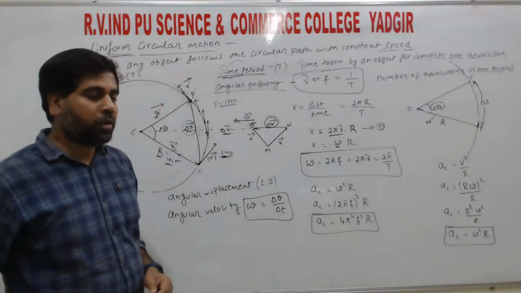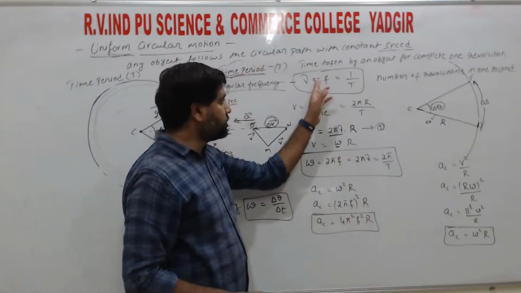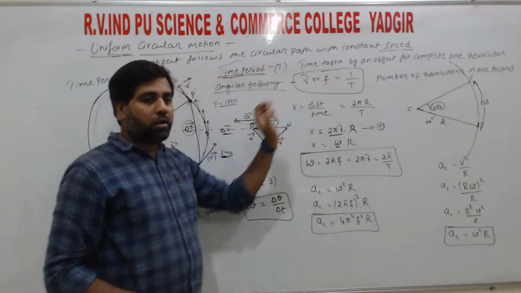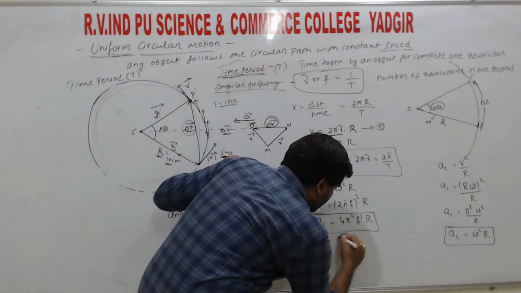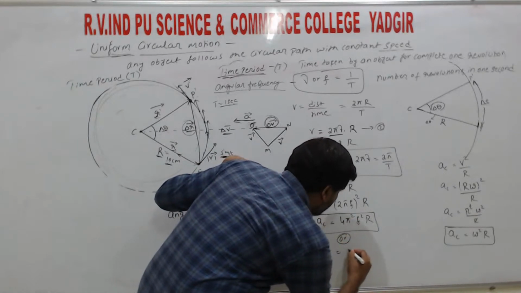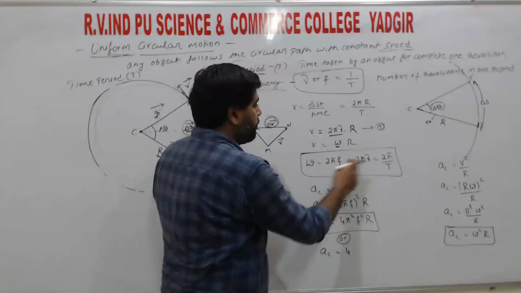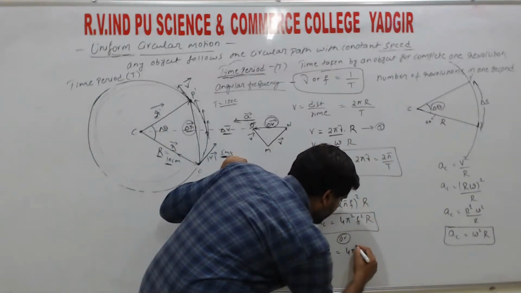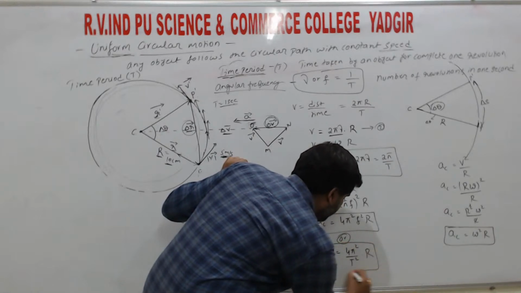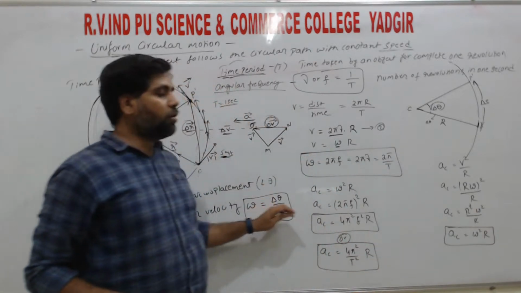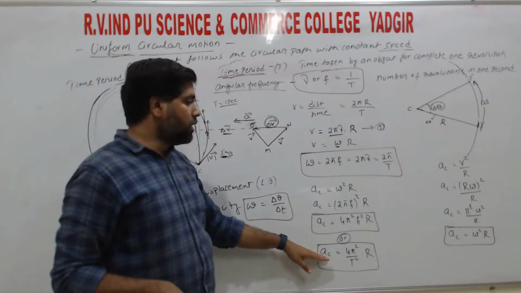We can replace f by nu; as you are convenient, you can choose either. In terms of time period, in place of omega we write 2 pi by T, that becomes 4 pi square by T square into r.